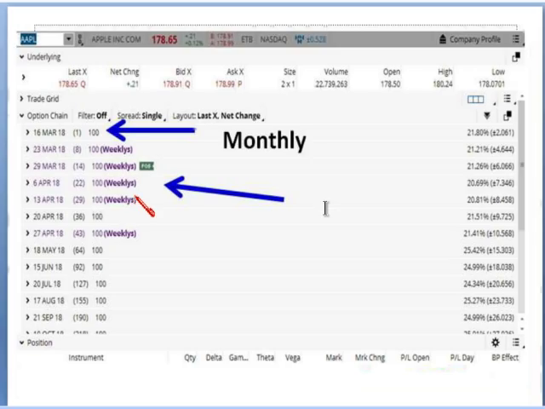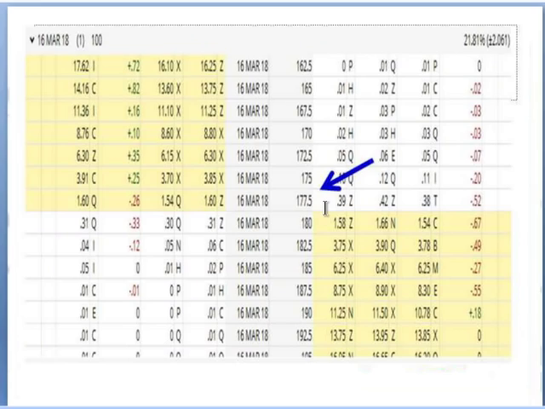The next thing you want to figure out is, I think this was Apple today, what calls, now this is the March, so you probably wouldn't be doing this one. Which ones do you want to go after? Now, obviously, the higher the price, the less you're going to pay for it, because there's more risk that it's not going to get there.